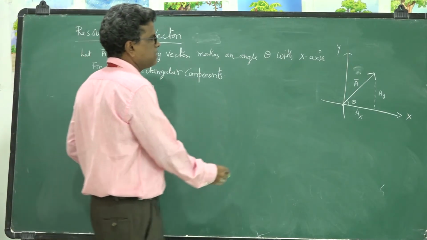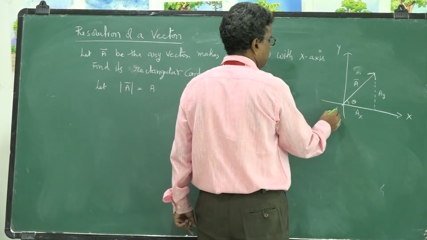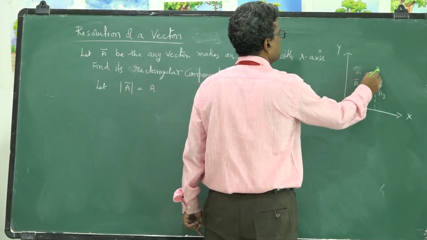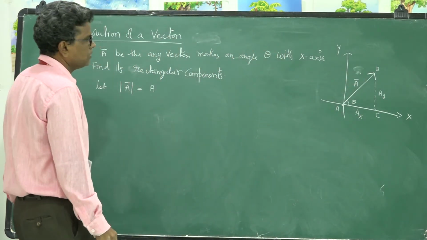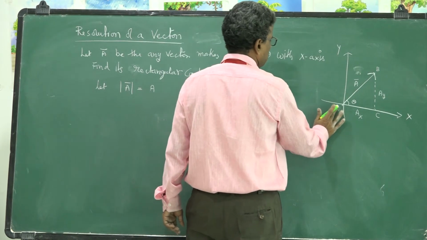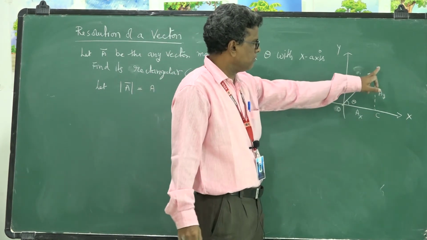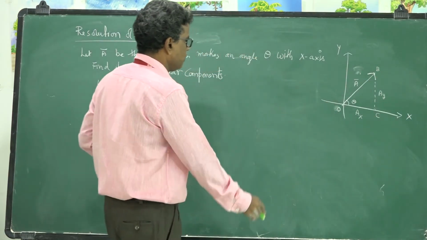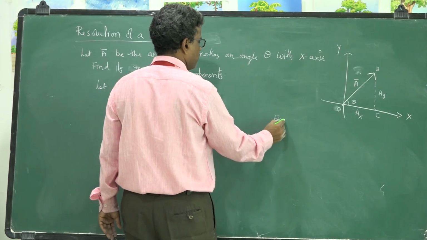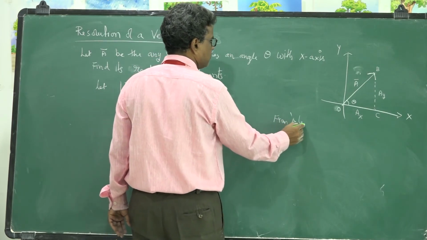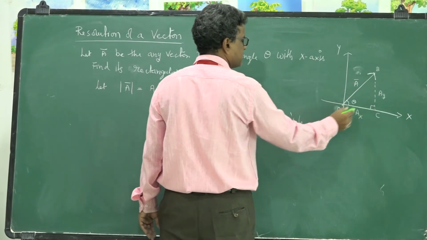Then see this triangle. Let it be O, origin, B, C. From triangle OBC, this is 90 degrees.